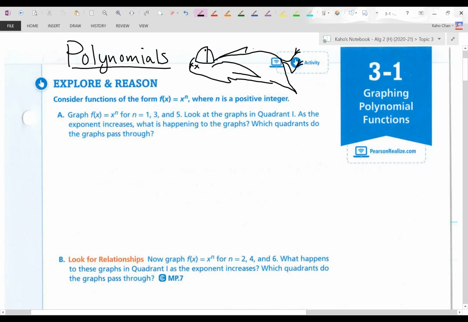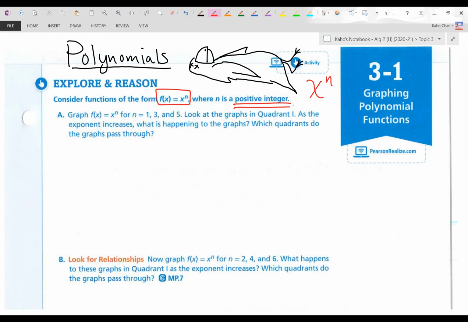So the opener here is about these things called polynomials in the form of x to the n power. N is an integer, a positive integer. It could be 1, 2, 3, 4, and so on. This whole chapter is about what they look like, how they behave. That's referring to how they look on the graph.